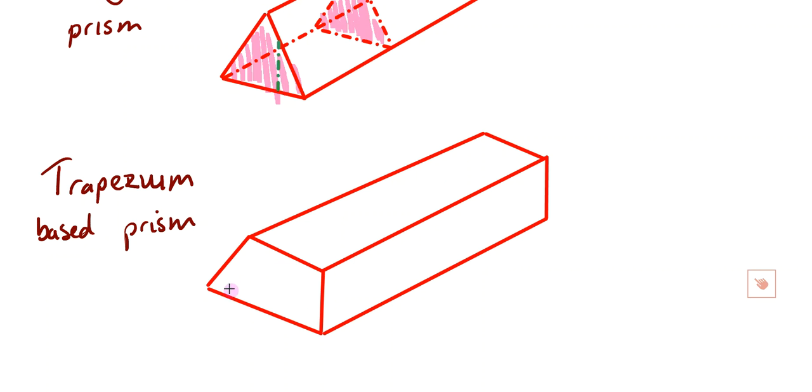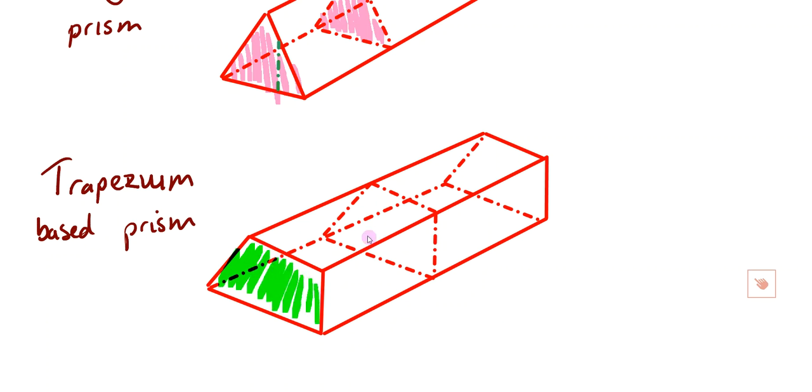So if I draw my hidden lines across and up, trying to keep things parallel, that line has to be parallel to that one, and that one has to be parallel to that one. So constant cross section, and the cross section is a trapezium.